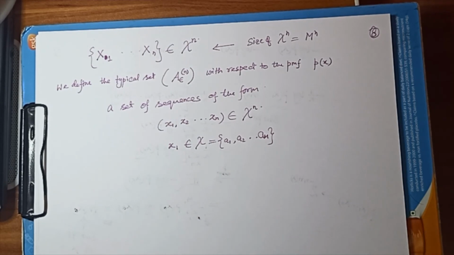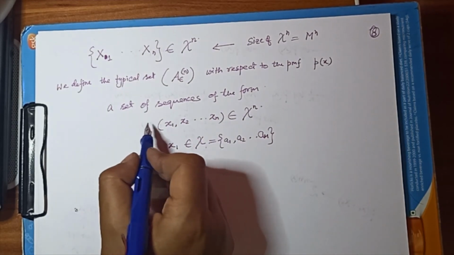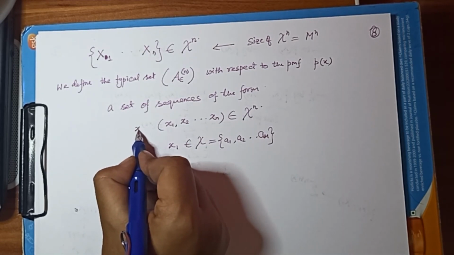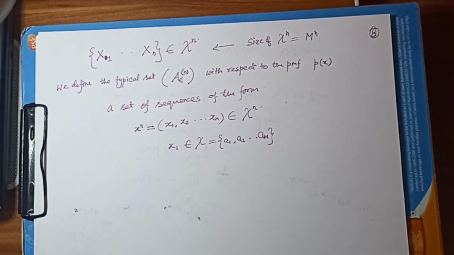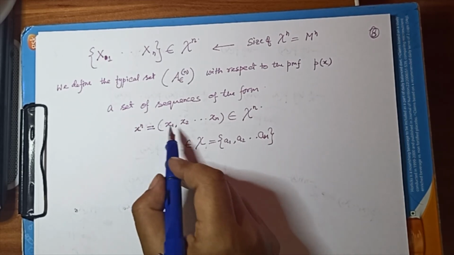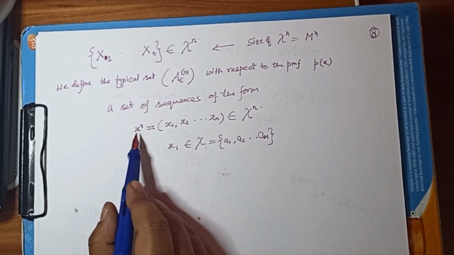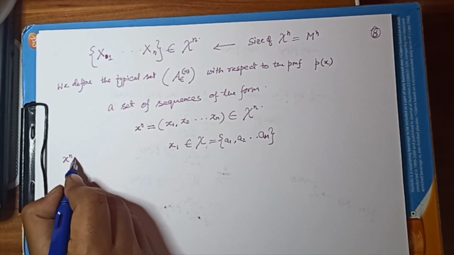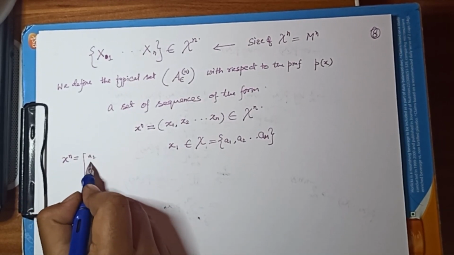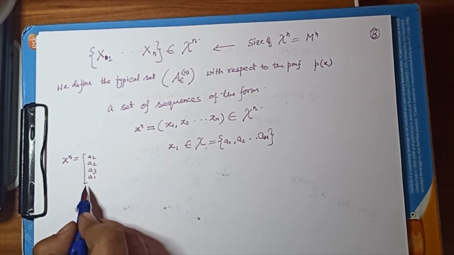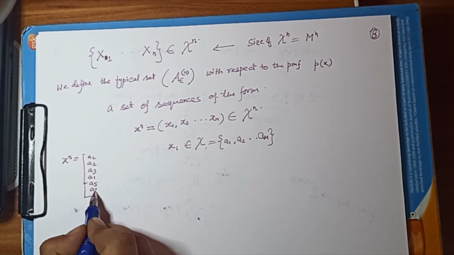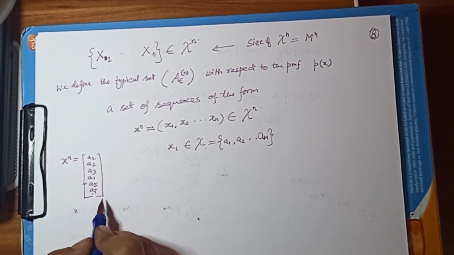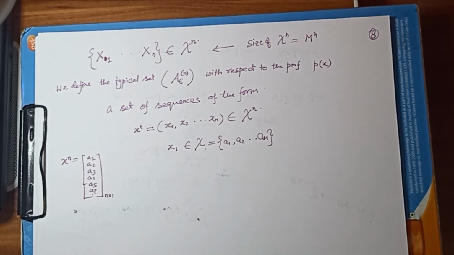We write this sequence as a small x to the power n, the n vector which the random variables take. So one typical xn is, say, a2, a3, a1, a5, a7, etc. And this is an n cross 1 vector. Every random variable takes one of the symbols, and this is the vector.